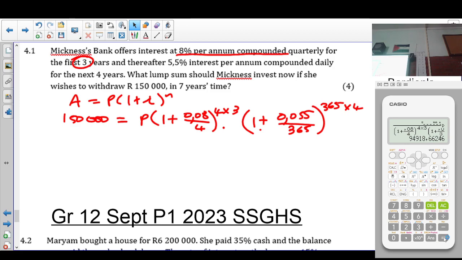So that gives me a P value of 94,918 Rand and 66 cents.